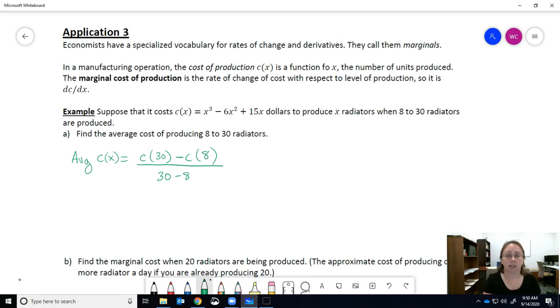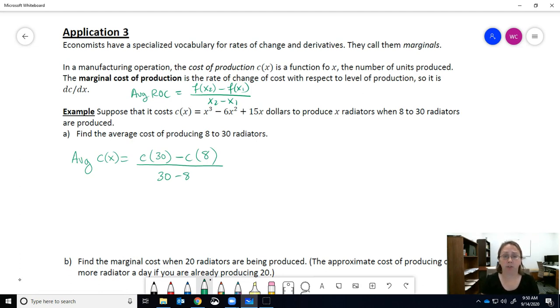So this is just the formula for average rate of change, which we said was f of x2 minus f of x1 over x2 minus x1. Or it's very similar to our x plus h formula that we've used recently for the difference quotient. That's the same thing, just we're not using h here because we have 2 distinct points in our production that we want to study. So this is the formula you're going to use.